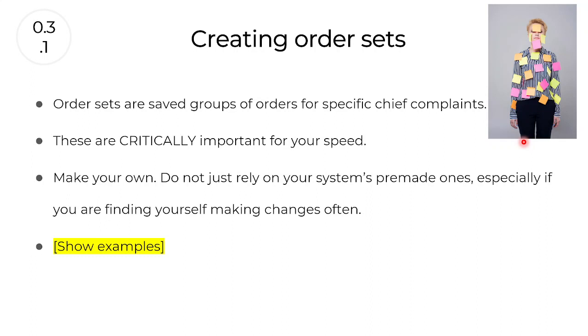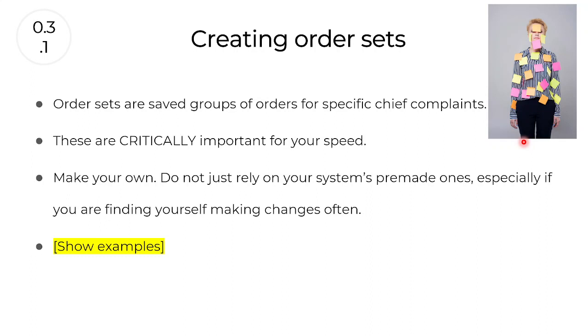The next thing is unless you have order sets that are actually fully sufficient, I would like you to make your own. And the reason is because once you have your own order sets, you know what those order sets contain. You're not having to do a lot of adjustments. But what I often find is that if you're just using order sets provided to you by your EMR, then you're going in and you're making changes too often.